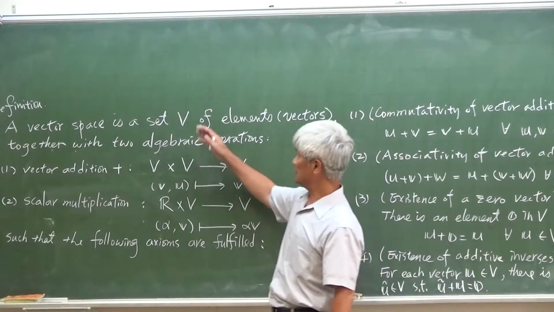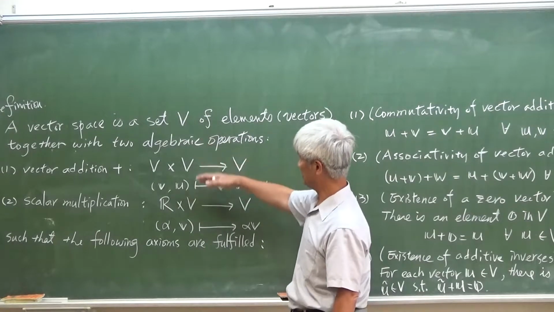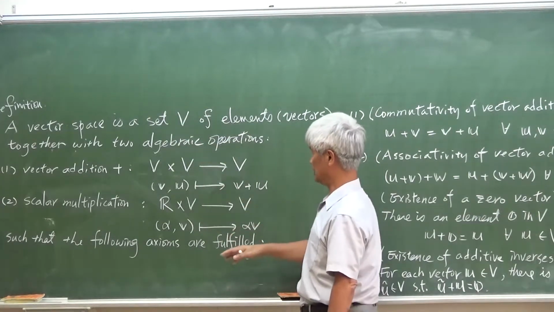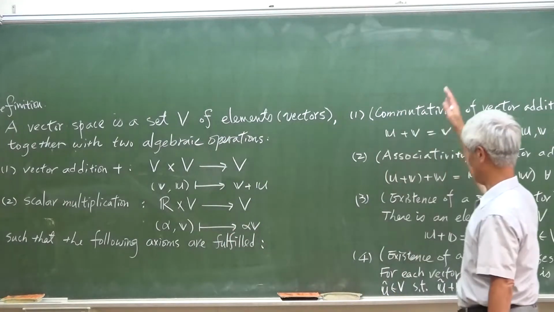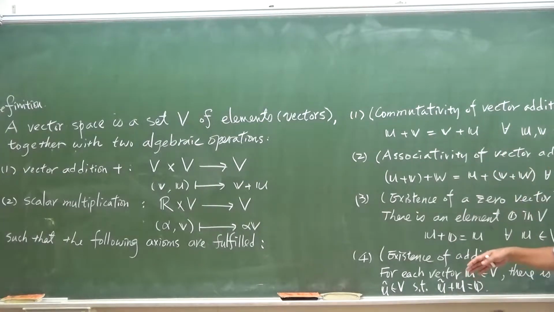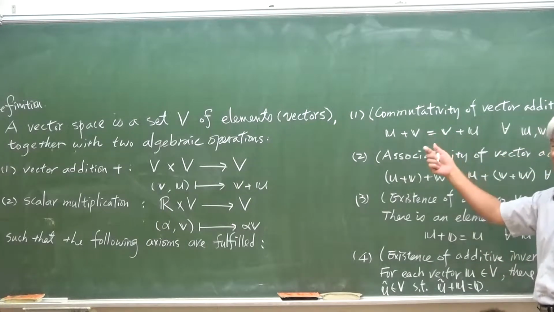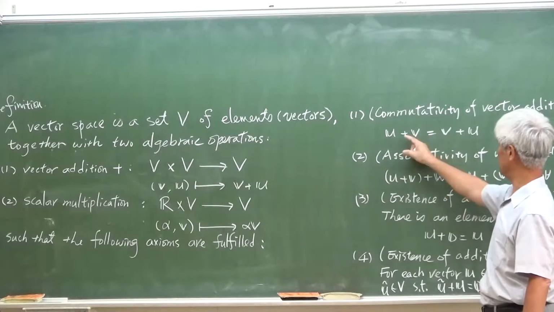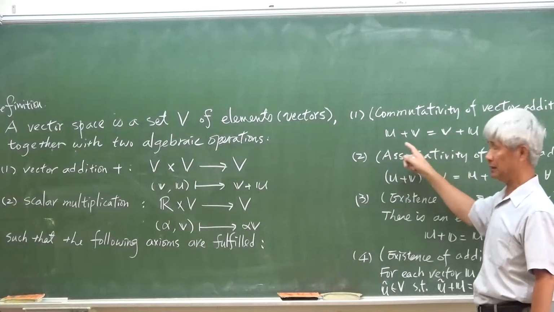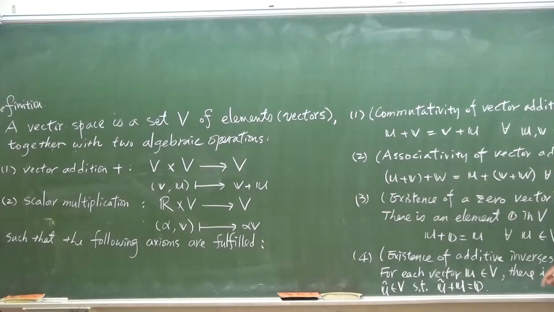And so we have these two algebraic operations to satisfy a list of properties, and we call them axioms here. Okay, so for example, for vector addition, we have commutativity. So you can order the summands here and get the same result.